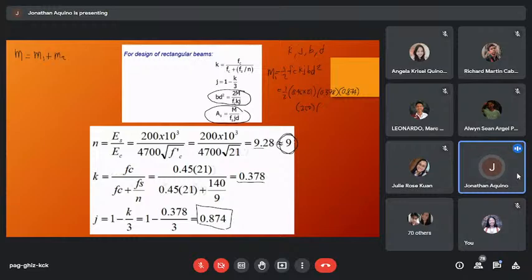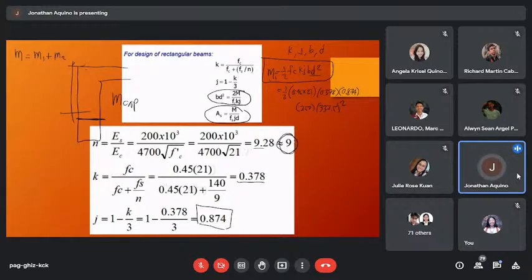So ang d natin is 337.5, so 337.5 squared. So take note that the moment capacity of the singly reinforced rectangular beam is directly proportional to the d squared. So ibig sabihin, kaya sabi ko kanina, habang lumalalim yung beam natin, lumalaki yung moment capacity. So habang nilitan mo yung b natin, lumilit din yung d natin, so liliit yung moment capacity.